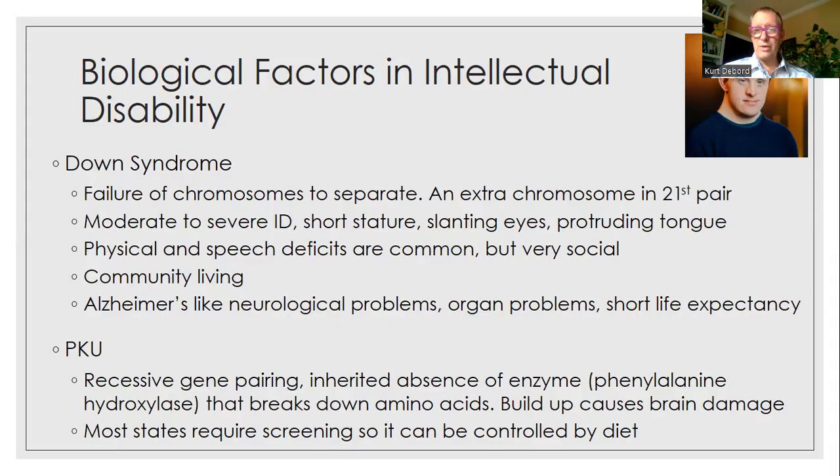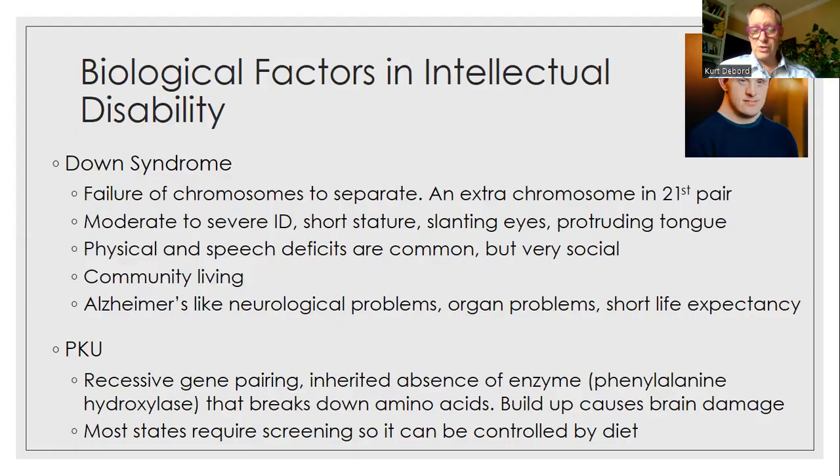And what that leads to is the child that's born, their body does not produce an enzyme that breaks down certain amino acids. And so if they eat certain things, I believe like fish and dairy and things like that, the metabolized amino acids can cause buildup of those damaging amino acids in the brain and lead to all sorts of intellectual disability problems.